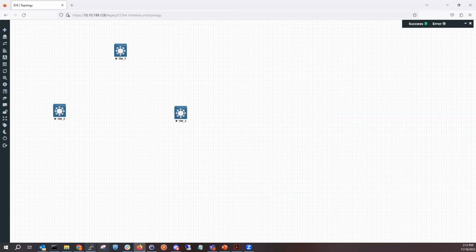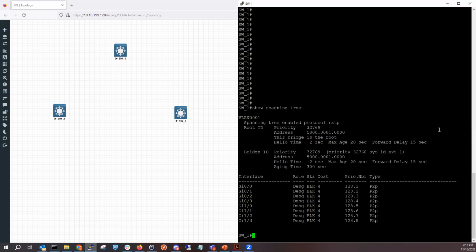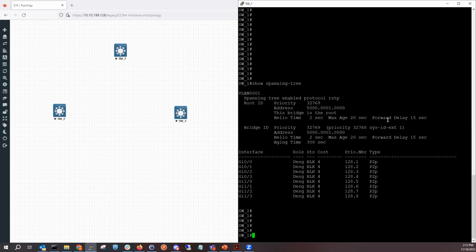So what we're going to do is see how this process works. Of course, protocols like spanning tree, LACP, and some protocols that run at layer 3 like OSPF, EIGRP, VRRP, all of these operate in milliseconds, and sometimes too quick for even human eyes to capture.